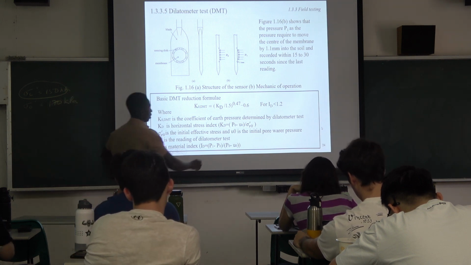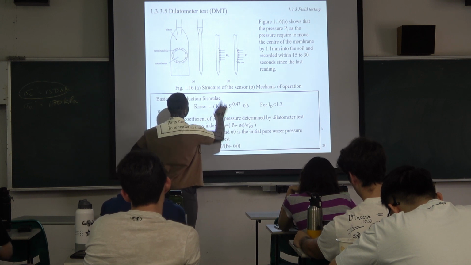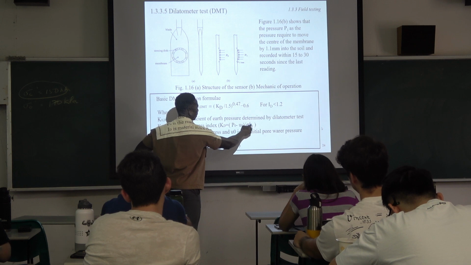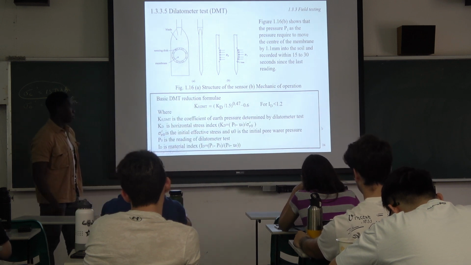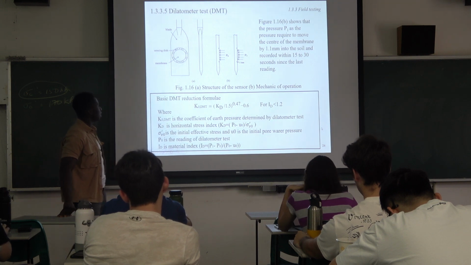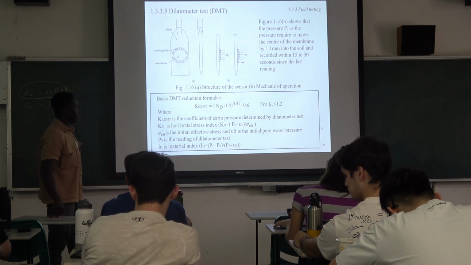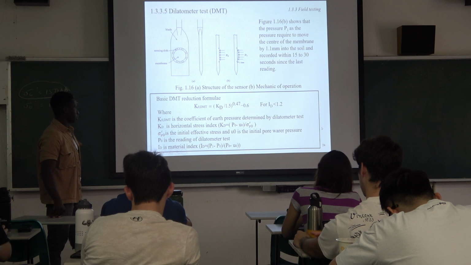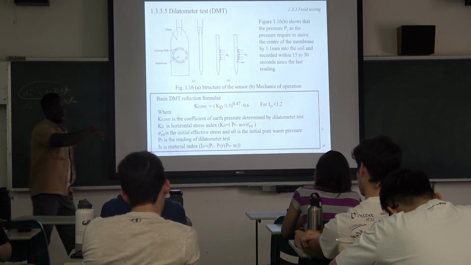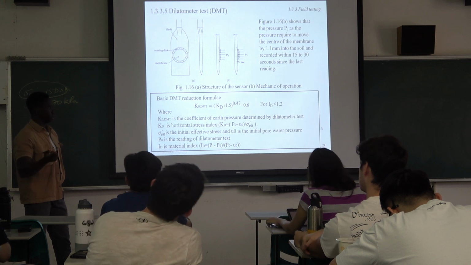This one here is the initial pressure applied into this, and this one is the pore pressure, and then this one is the vertical stress at the point. You see the effective sigma V0 is the initial effective stress, and U0 is the initial pore pressure. The P0 is the reading of the dilatometer because you are putting gas into it, so you are applying pressure.